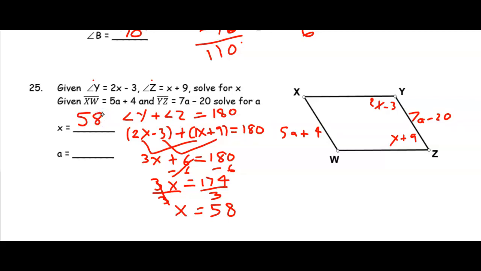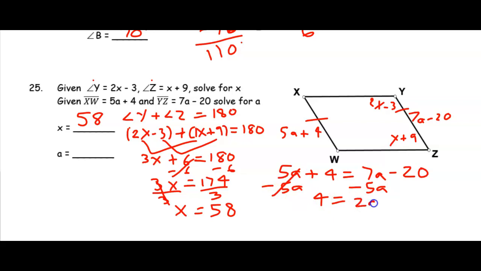Now a, these opposite sides are congruent, so let's set those equal. Let's get rid of the smaller a, minus 5a, minus 5a. So 4 equals 2a minus 20.